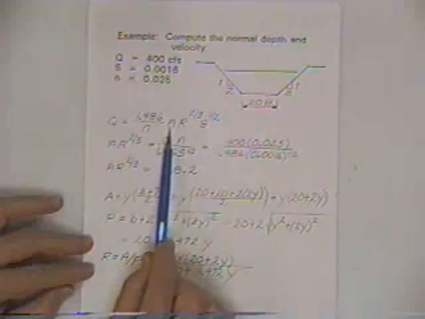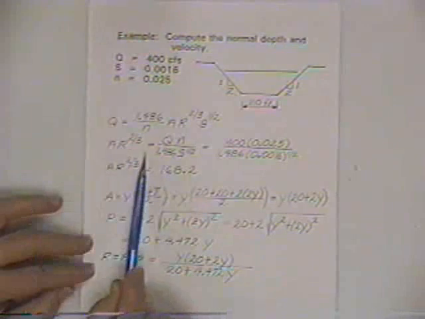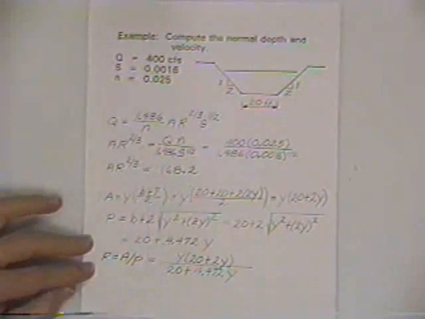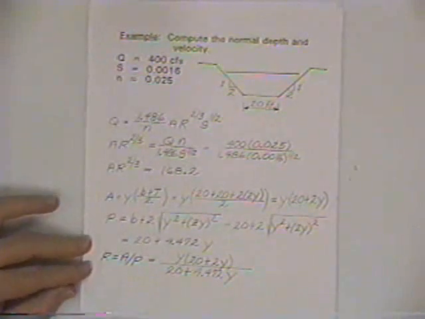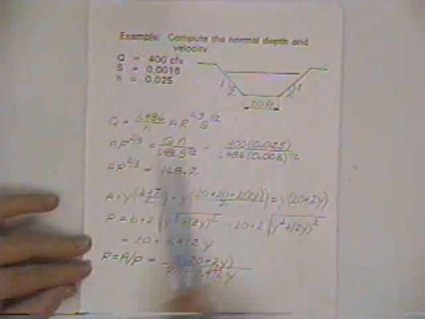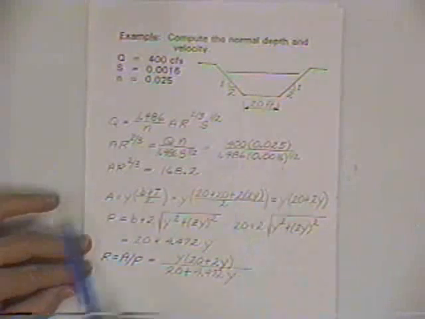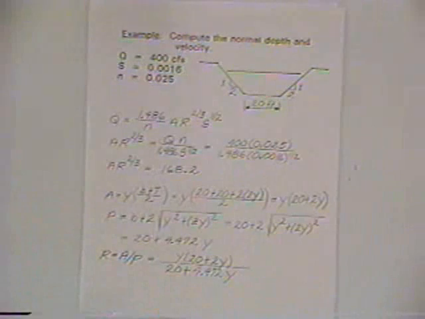You don't see depth, but you recognize that the area and the hydraulic radius are both a function of depth. So we put the unknowns on the left of the equal sign, the knowns on the right, to go through the algebra. Plug in the flow rate, the roughness coefficient n, the constant 1.486, and the slope, and we get AR to the 2/3 is 168.2.